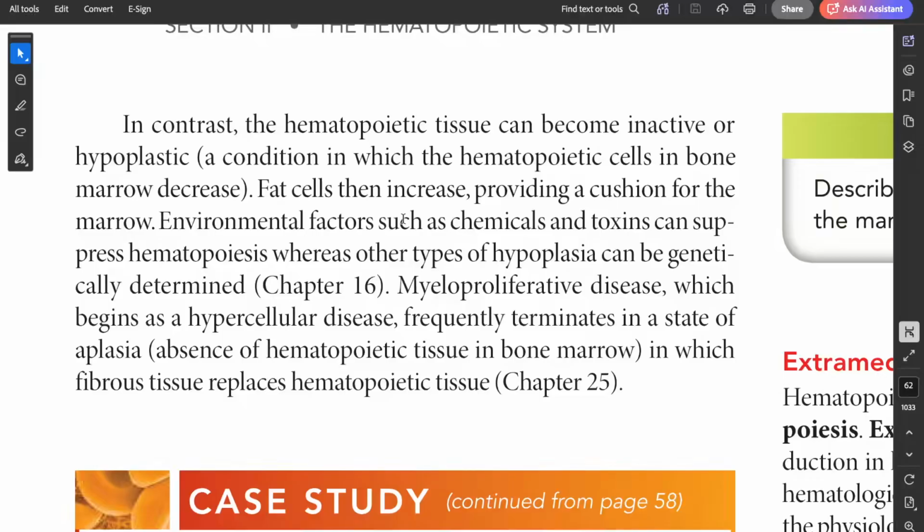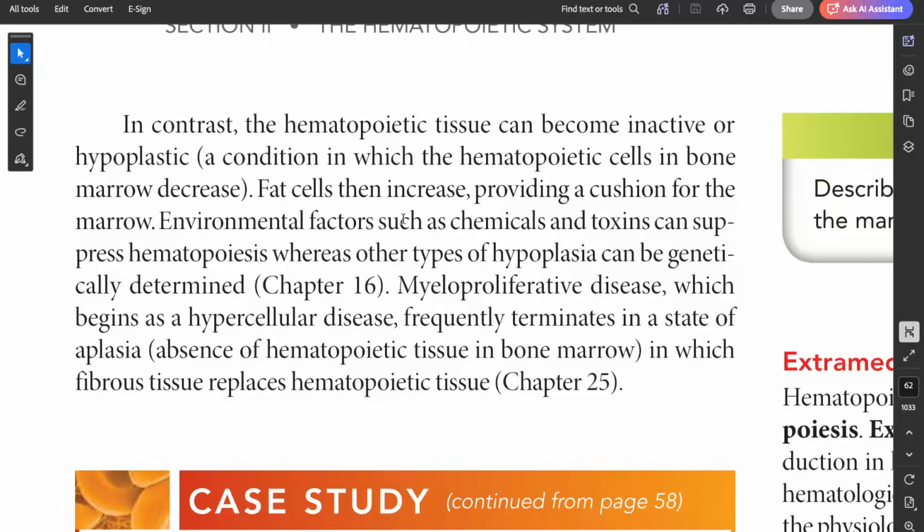Environmental factors such as chemicals and toxins can suppress hematopoiesis, whereas other types of hypoplasia can be genetically determined. Myeloproliferative disease, which begins as a hypercellular disease, frequently terminates in a state of aplasia, absence of hematopoietic tissue in the bone marrow.